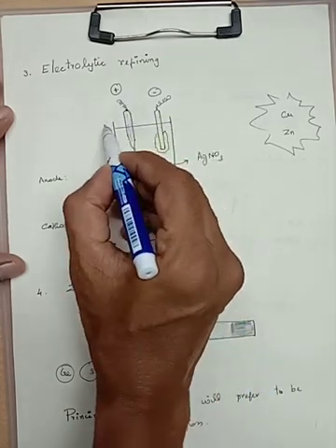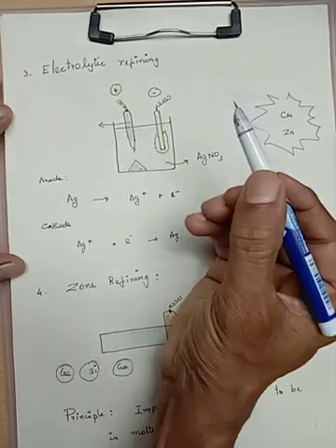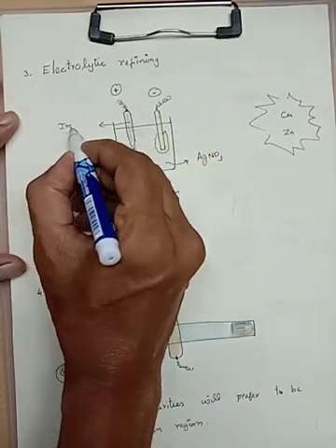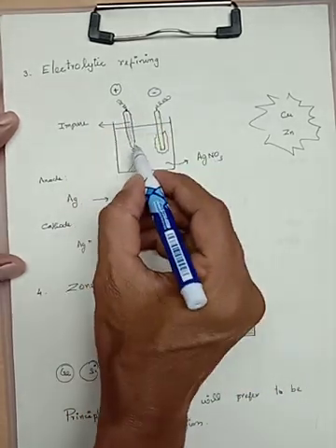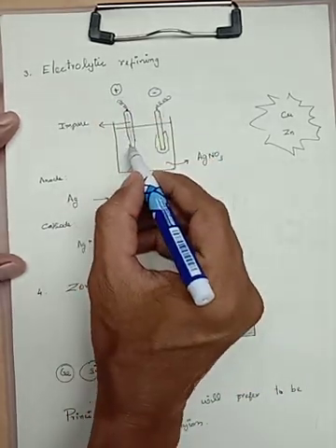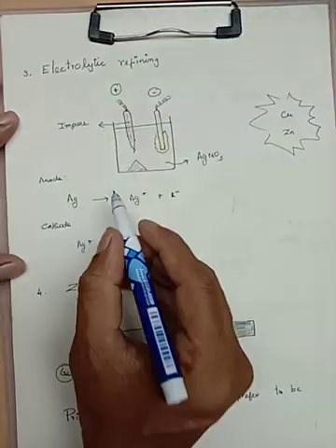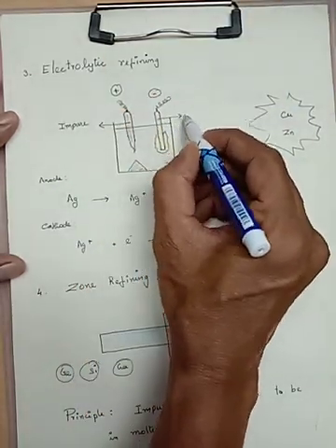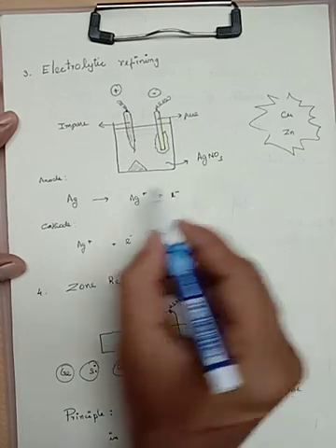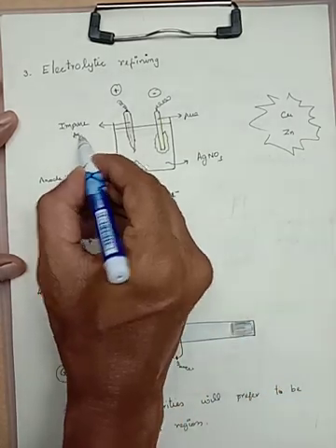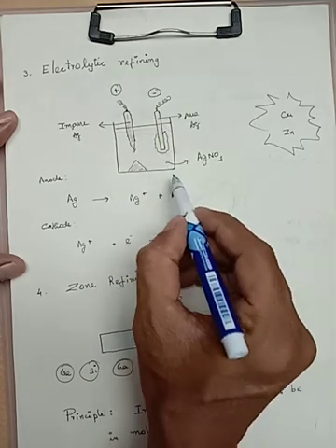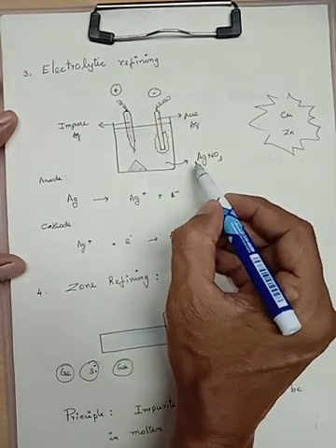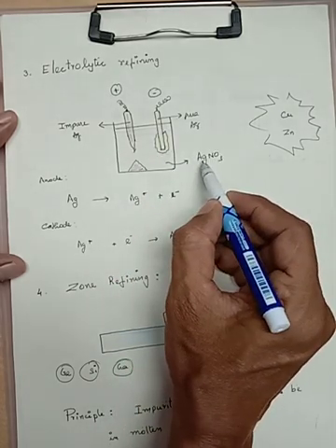This is the anode. The impure metal is taken as the anode, meaning we fix the impure rod there to pass positive current. This one is the pure metal. Say, for example, impure silver here and pure silver there. It is dipped in a solution. The solution should be a salt solution of the metal that I am refining.